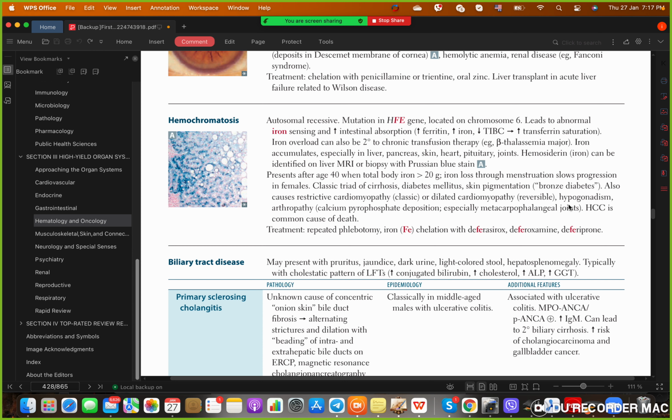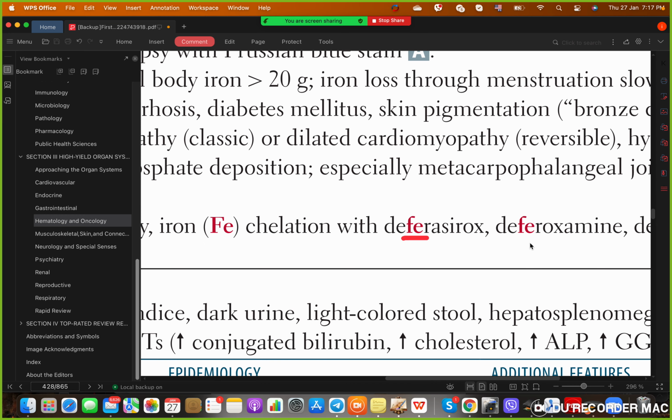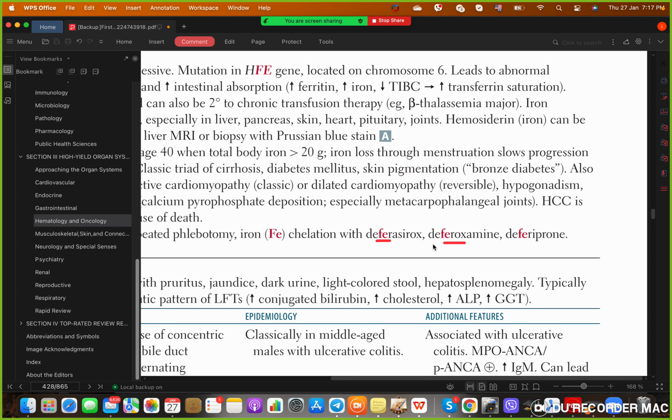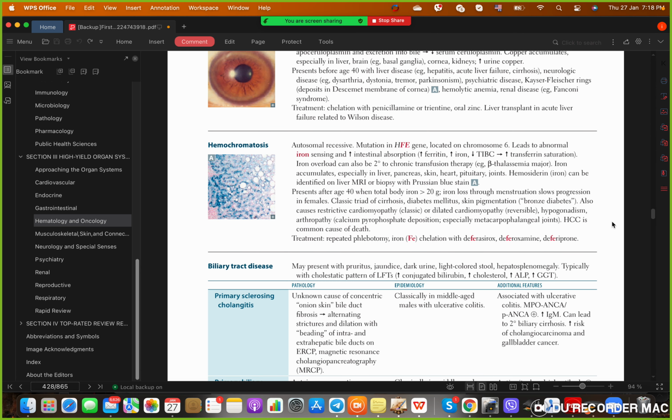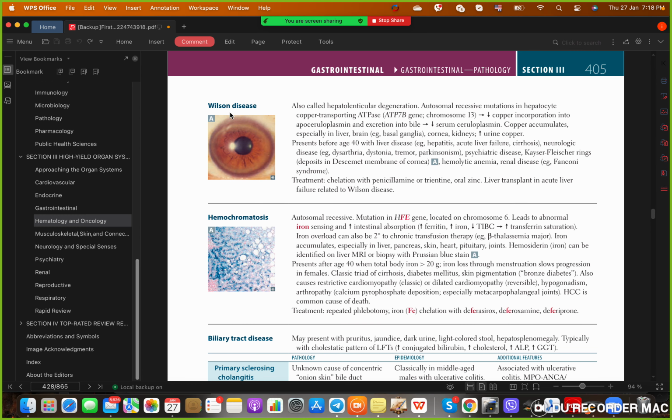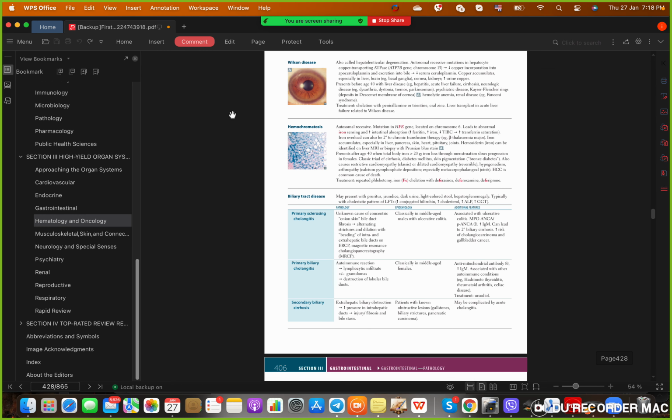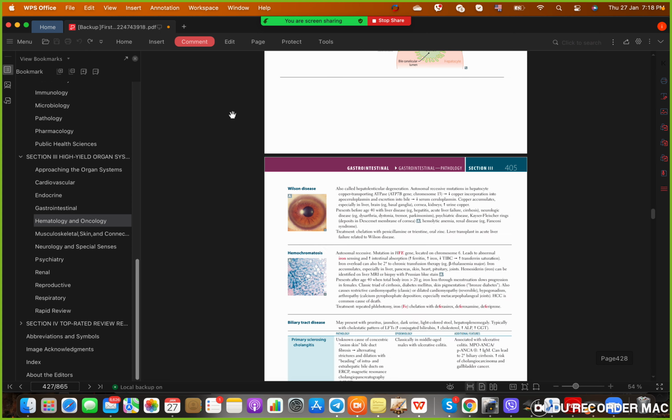Hepatocellular carcinoma is a common cause of death in these patients. So how do you solve it? Repeated phlebotomy, and iron chelation with all of the ferro. Notice, ferri. So anything with an Fe, because remember the chemical element of iron is Fe. Okay, notice again, transplantation works in Wilson disease, but it does not work in case of hemochromatosis.